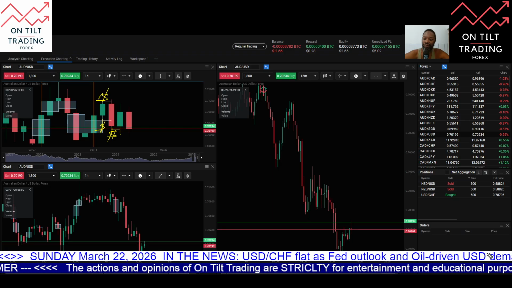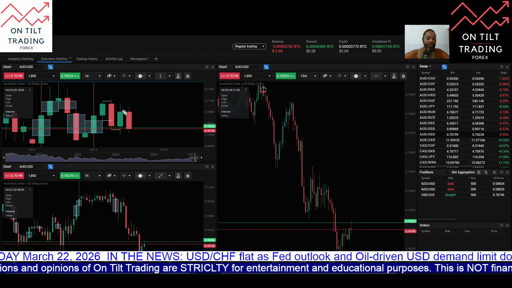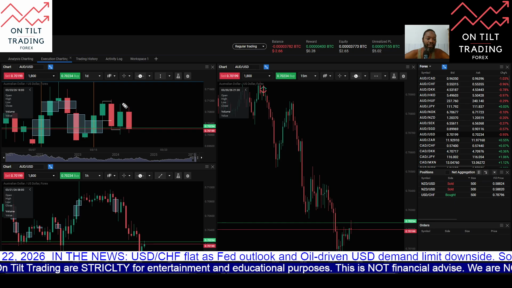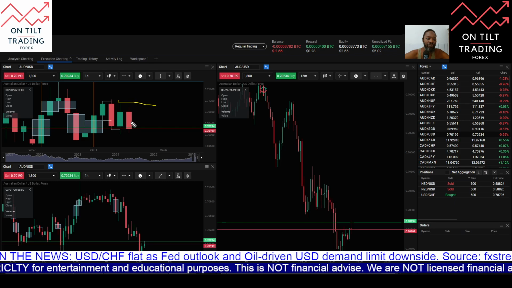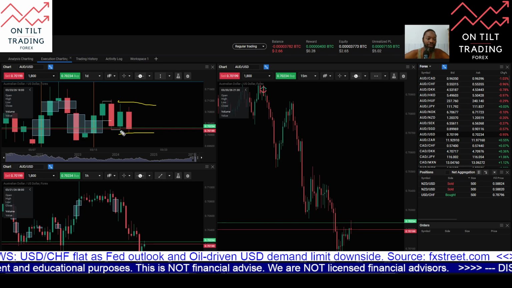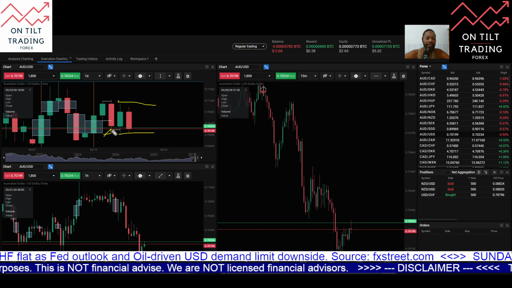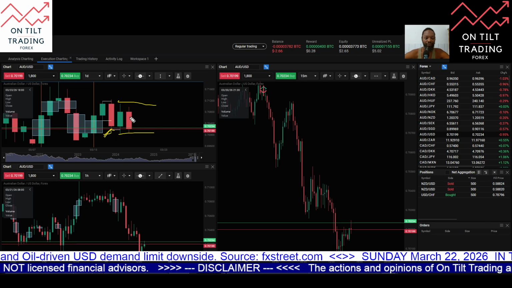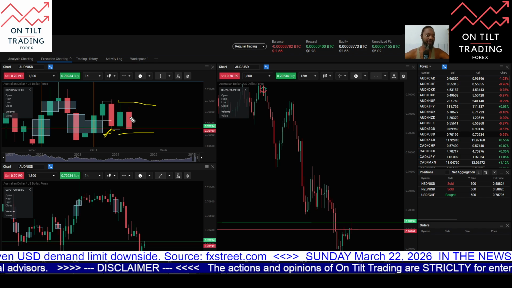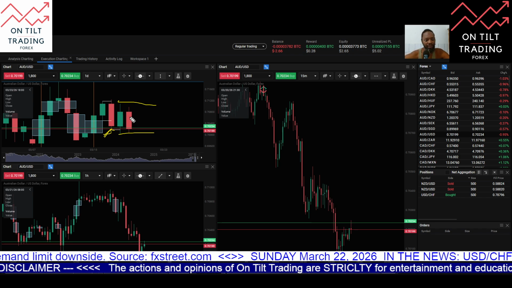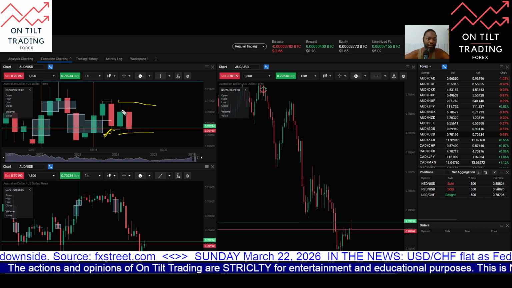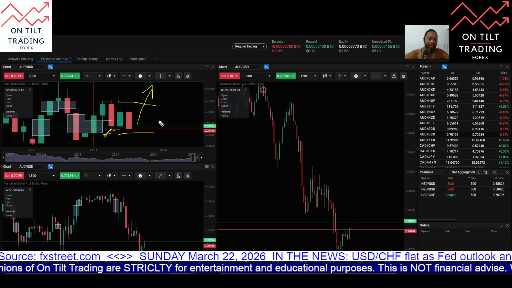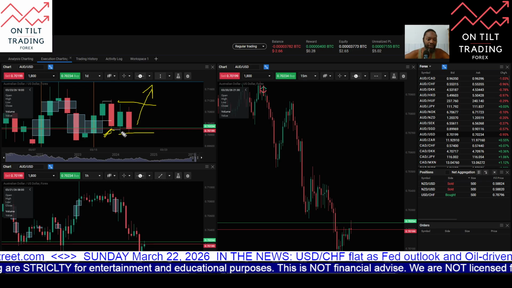And then we can see from that Thursday sweep of the Wednesday sell side liquidity, price is still resting within that range. So if I had to choose a direction, my direction would be long biased here.